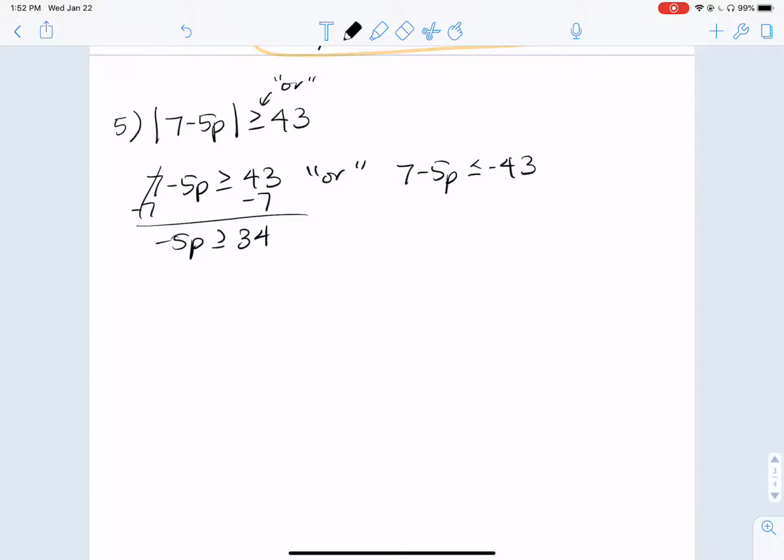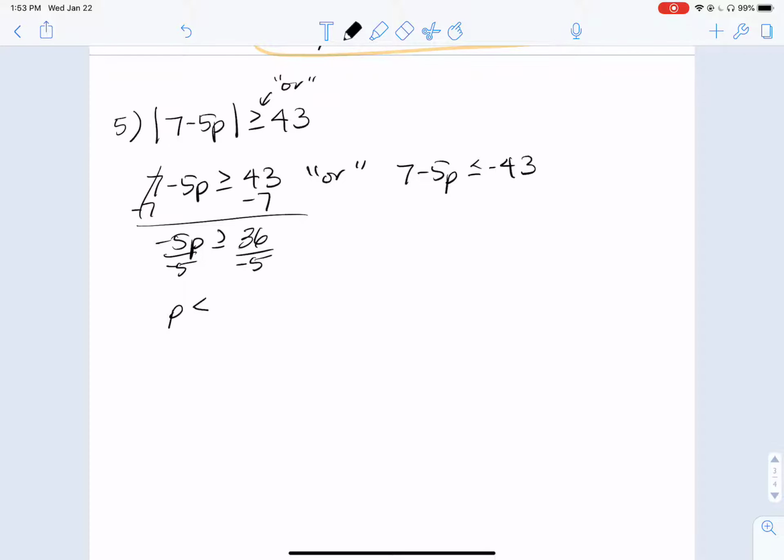It is positive 34. We're going to divide by -5, and the value of p would now be less than or equal to, is it 36? I made a mistake, sorry. That's supposed to be 36. Okay, 36. 43 minus 7 is 36, not 34.